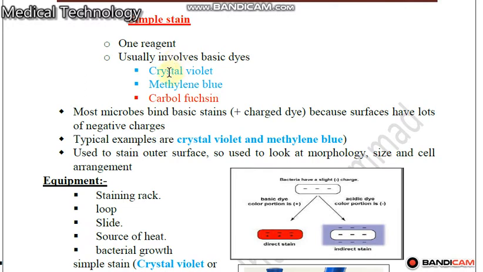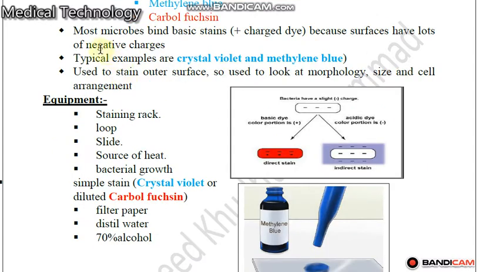We can use crystal violet or carbol fuchsin, a blue or red stain. Most microbes have a negative charge on their surface. Why?